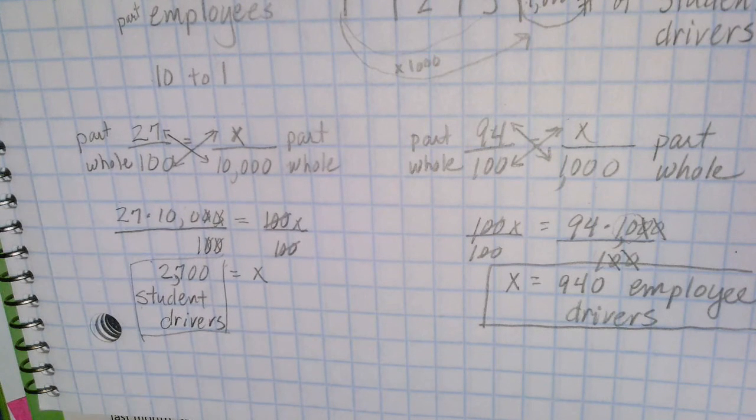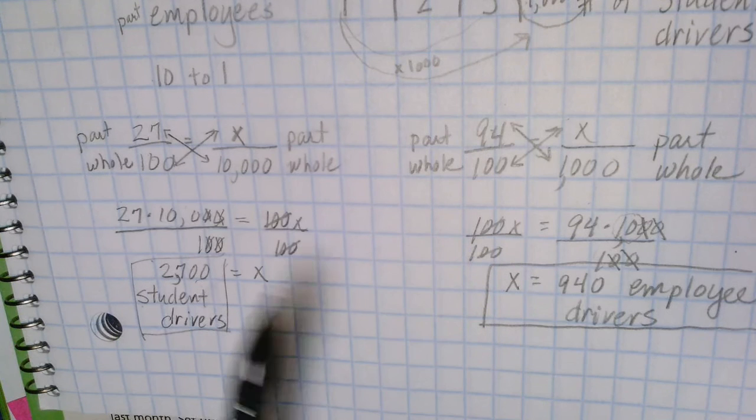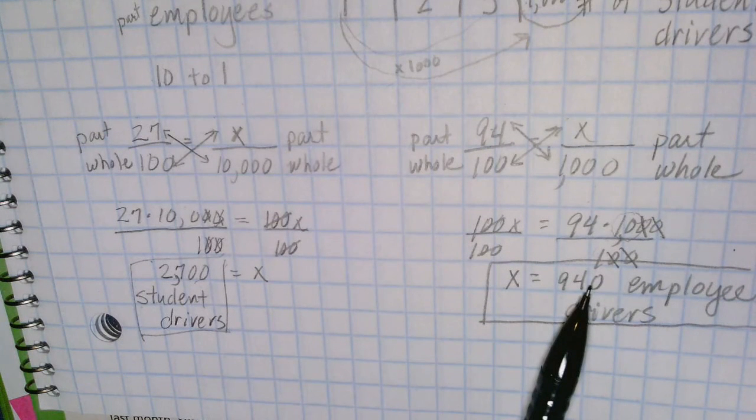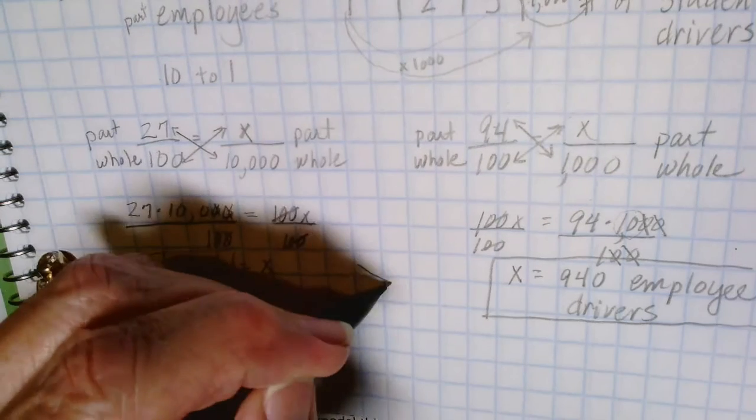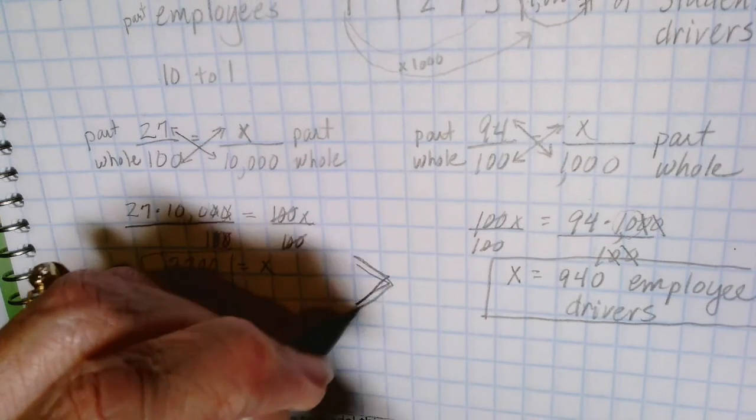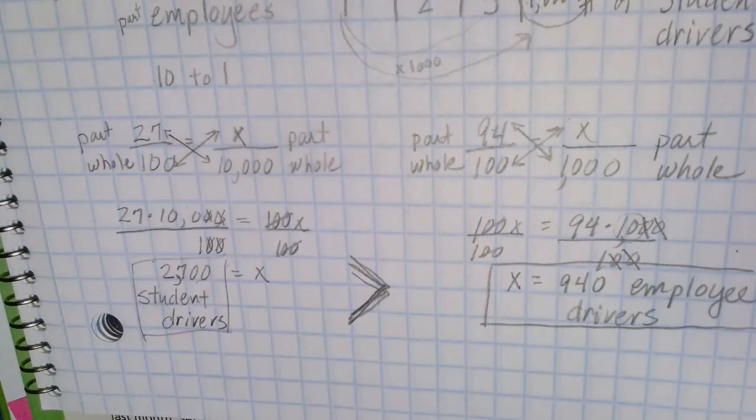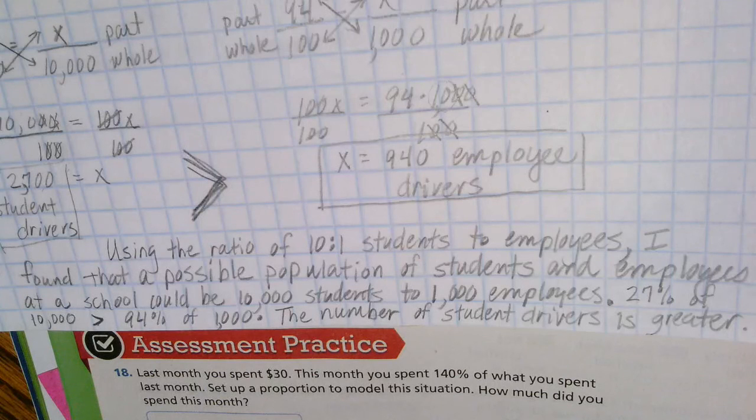So Roger said that the number of student drivers is greater than the number of employee drivers. That is true. This was not an easy problem, and this is not a short explanation.